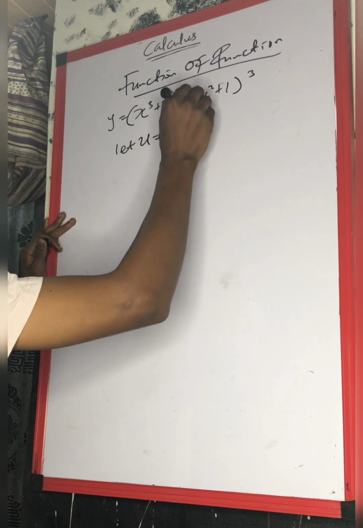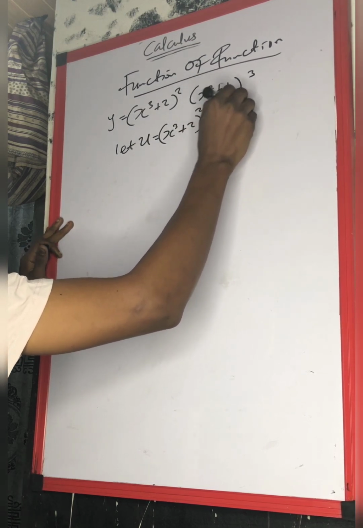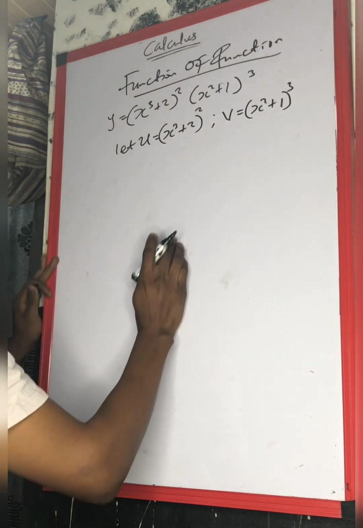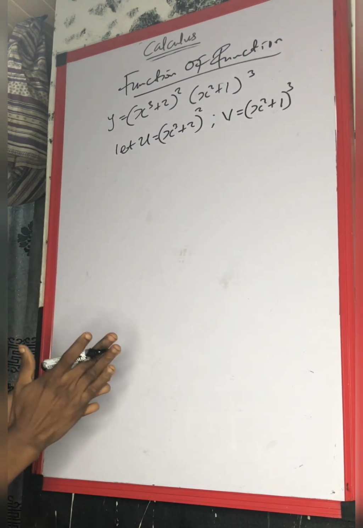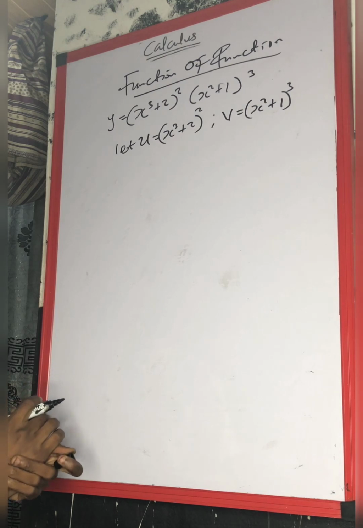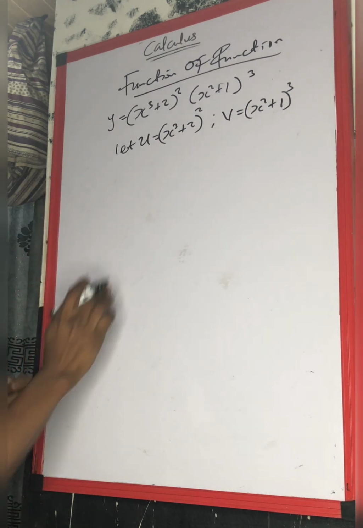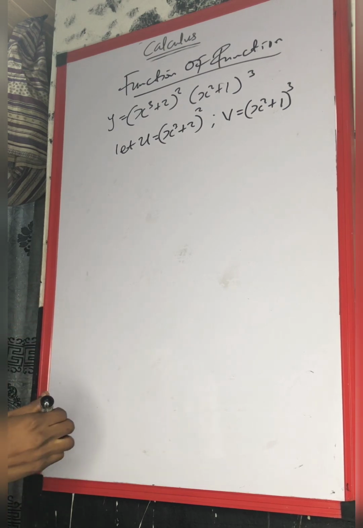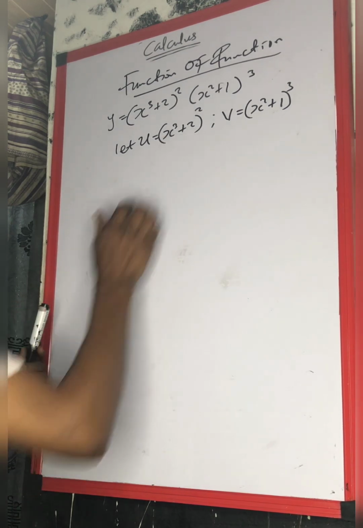Now for this, what you do, you can say let u equals s cubed plus 2, raised to power 2, and v equals s squared plus 1 raised to power 3. You can see that only this is a function of a function and only this is a function of a function. Now, what we are looking for here is du/ds. But before I can get du/ds, I'll assign a variable to the bracket.